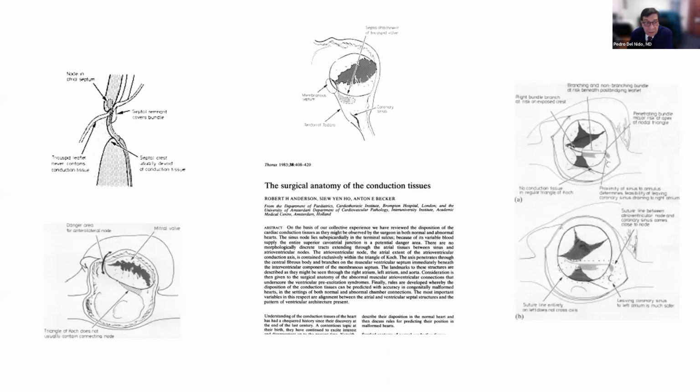And what they did was they published this very, very important paper showing the general and most common area where they identified, at different lesions, the conduction system. And this is what surgeons have used to make decisions about corrective procedures and location of sutures, patches, and interventions, as well as tissue resection.